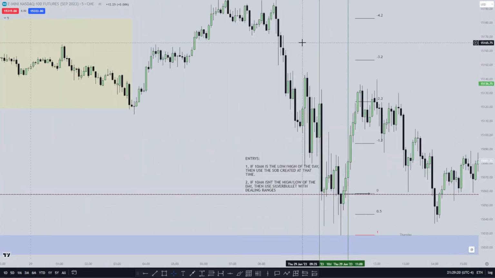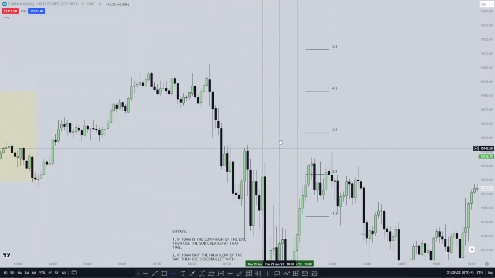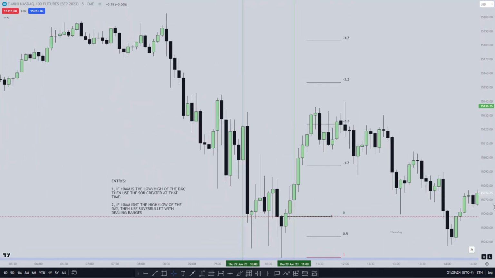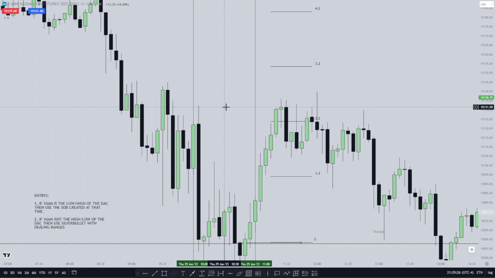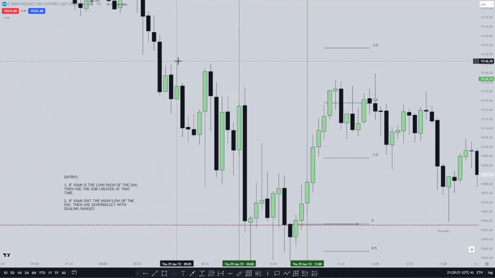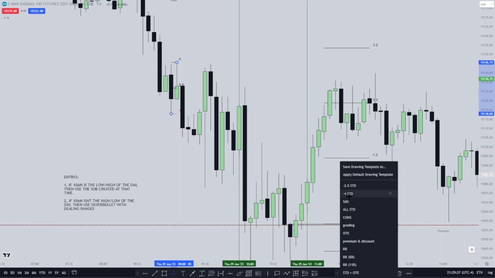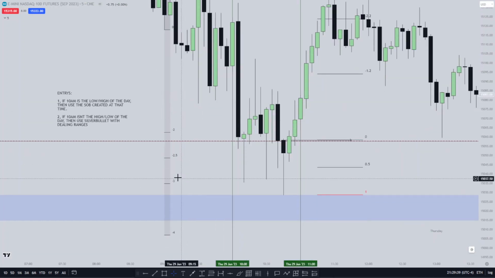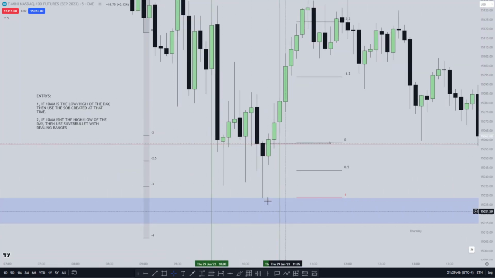After a fair value gap, what do we also have backing us up? We also have the stop run, on the 5 minutes. If we use this high to this low, we will see that this is the 3 to 4 standard deviation.